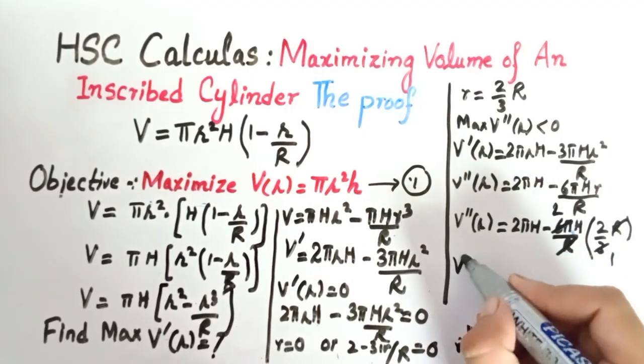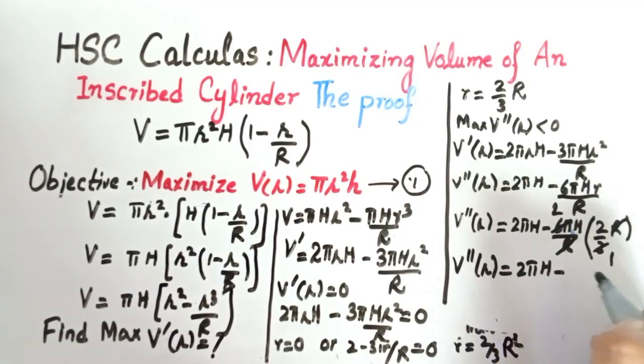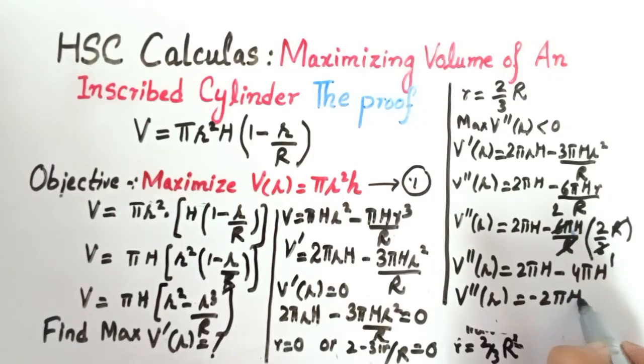So we get the double derivative is 2 pi h minus 4 pi h. So double derivative equals minus 2 pi h.